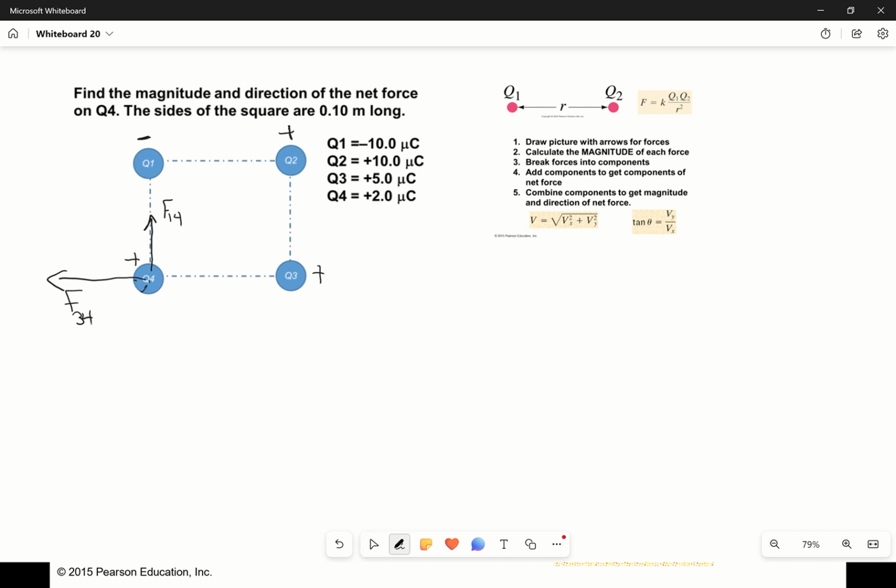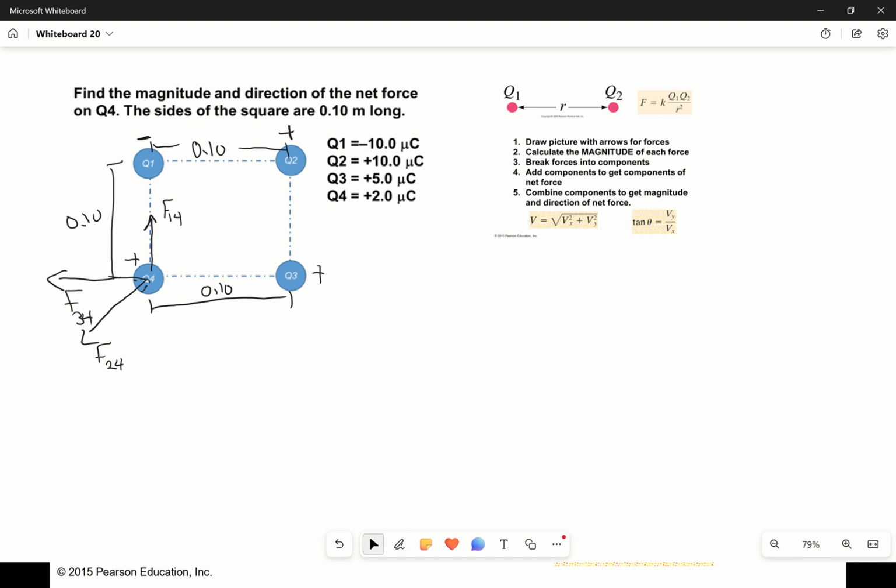They're both positive, so that's also going to be repulsive, and that's going to be down in that direction. Okay, what else do we know? We know the sides of the square are 0.10 meters, so it's 0.10 meters between there and there, and there and there, and between there and there.